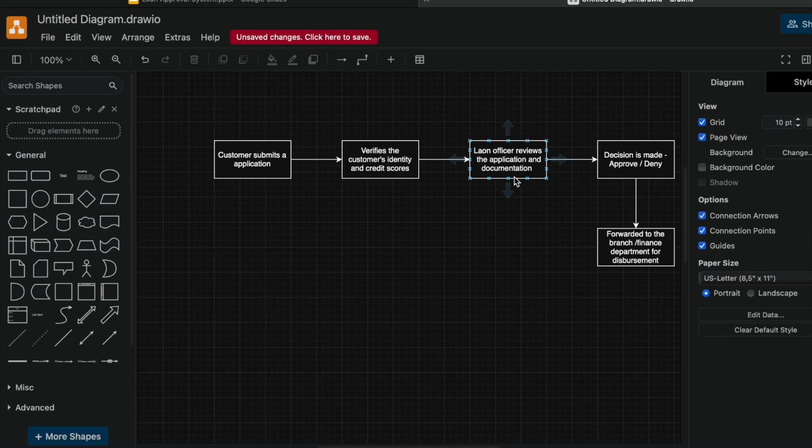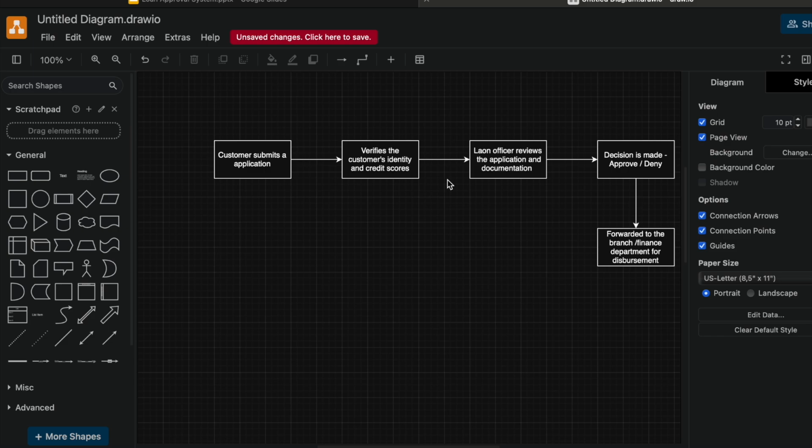Delays in communication between departments. Okay, so there are multiple departments involved in approving a loan, so there will be delays communicating between departments. So that's one of the bottlenecks. Lack of automation in credit score checking and document verification. So let's say this is a manual process to fetch the credit score. So here this step also takes time.